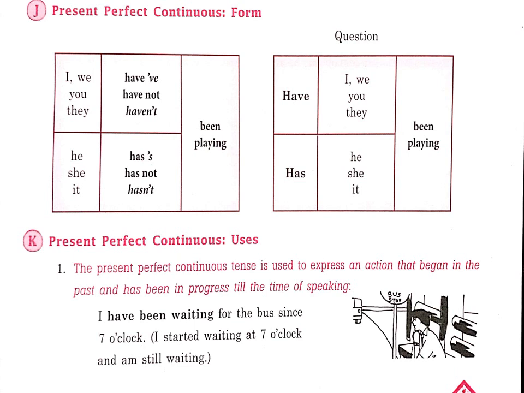Have been is the helping verb and waiting is the action verb. I have been waiting for the bus since 7 o'clock. Now you see, I started waiting at 7 o'clock and am still waiting, whether it is 9 o'clock, 10 o'clock, or 7:30, right? So it's still waiting. That's why we have this continuous. Action still continues. Let's see next.